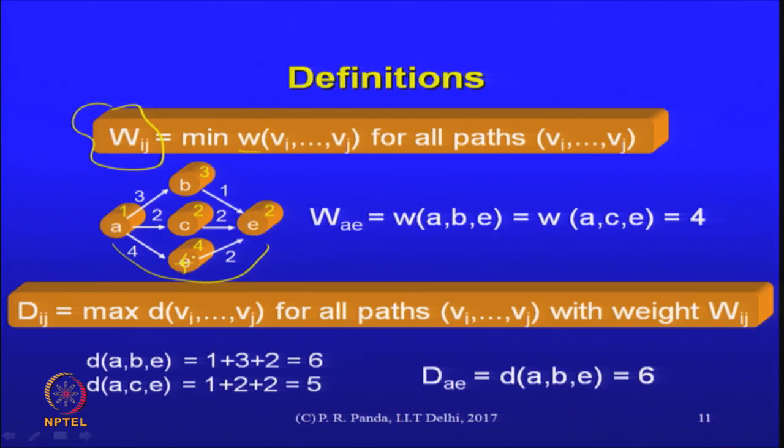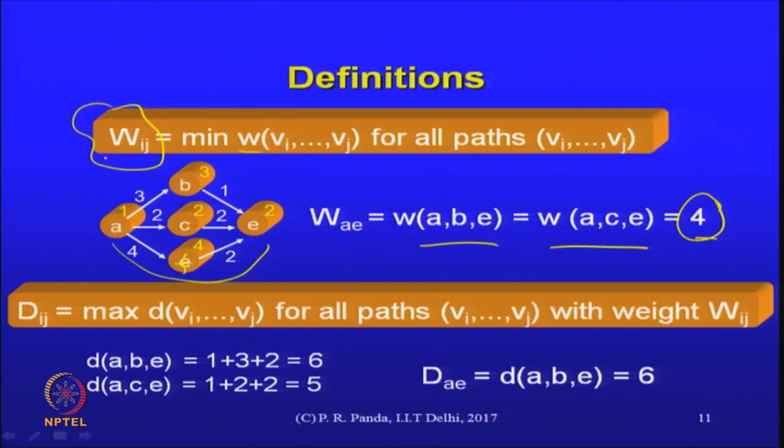What I have is 4 here, because these two paths ABE and ACE have a path weight of 4, the other path has a weight of 6. So, we do not include that. That is the minimum number, the capital Wij, the minimum of all the paths that are there in the graph.